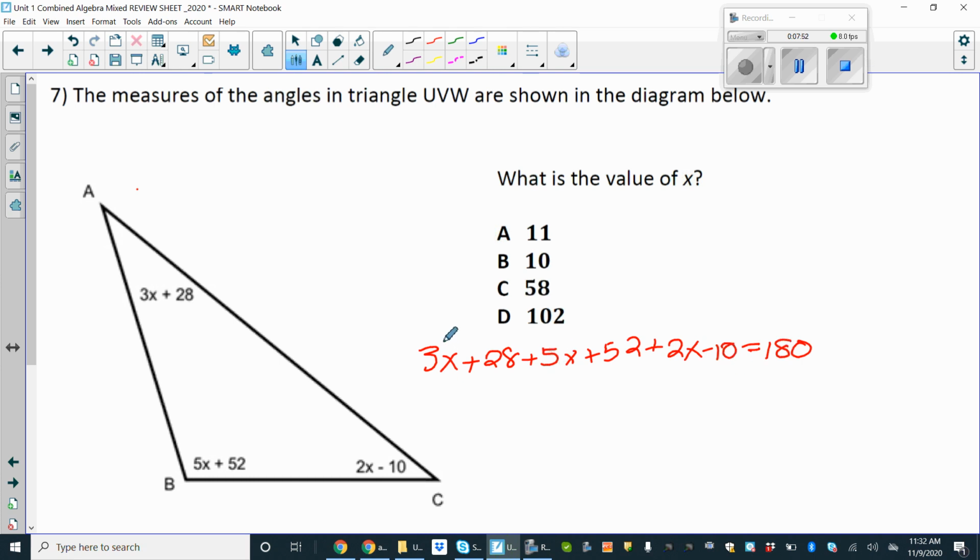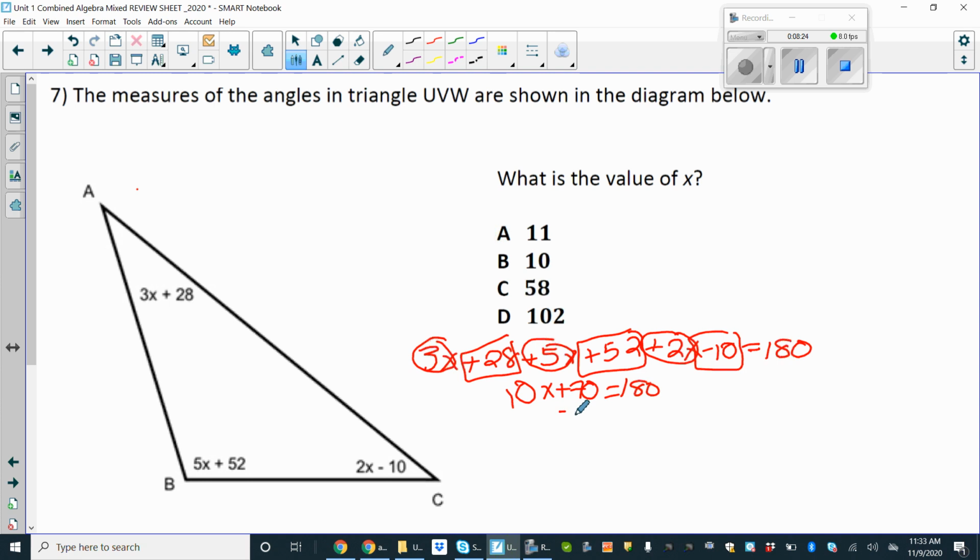So I'm going to combine 3x plus 5x and 2x, and that gives us 10x. Then we have 28 plus 52 and a minus 10. And when we combine those, we get positive 70 equals 180 degrees.